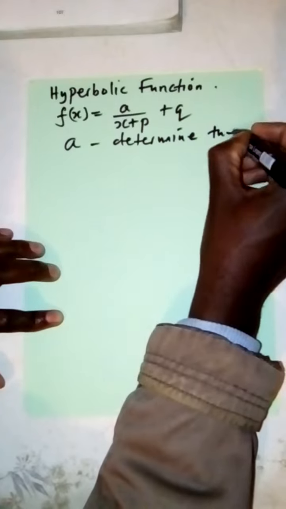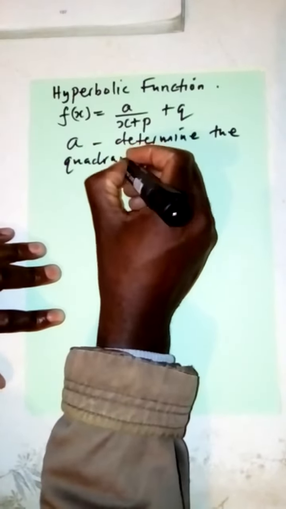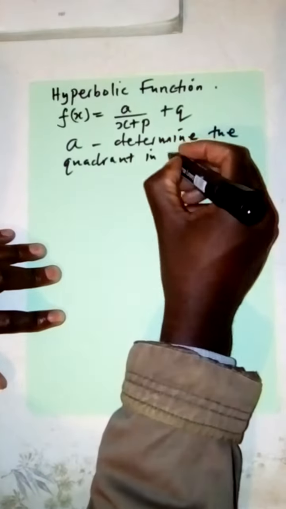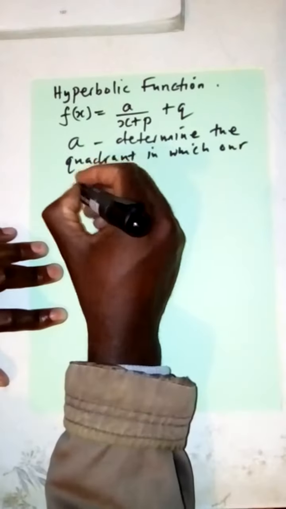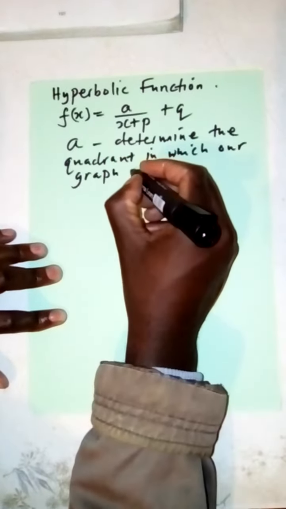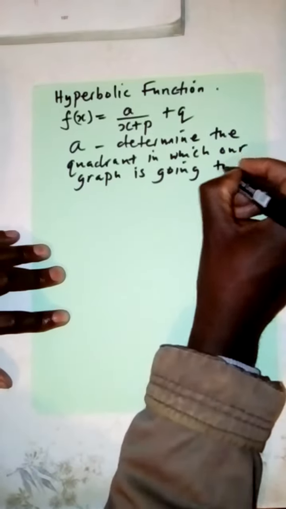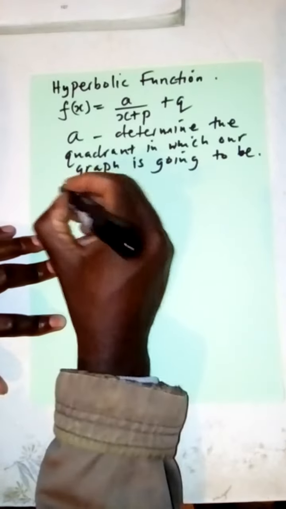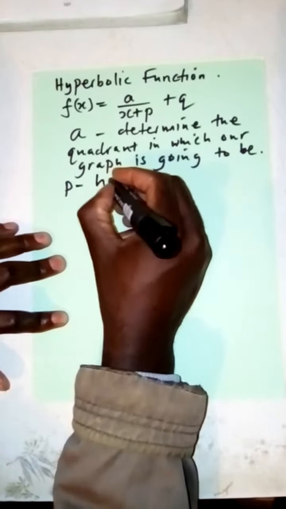the quadrant in which our graph is going to be. P, the letter P there, stands for the horizontal shift.